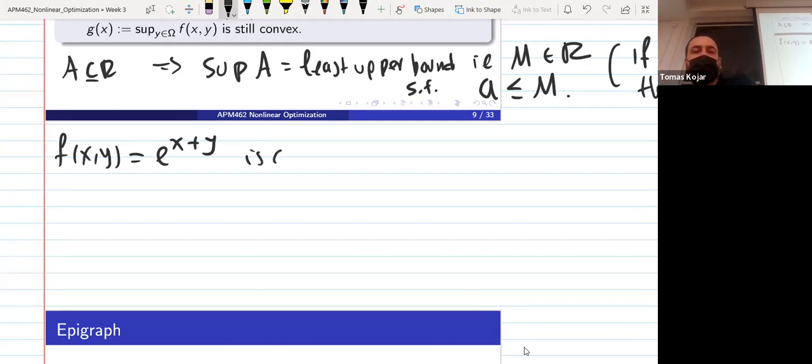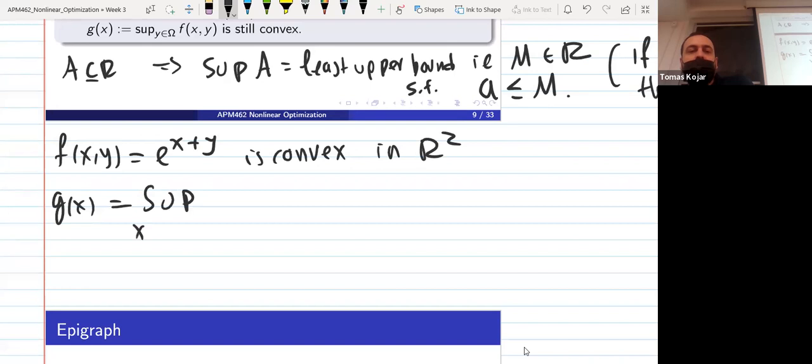Okay, it's convex in R2. Then take g of x to be, but take some bounded interval because this is too much, the supremum over y in (0, 1) of f of x, y.